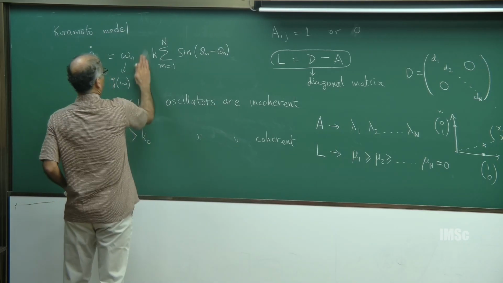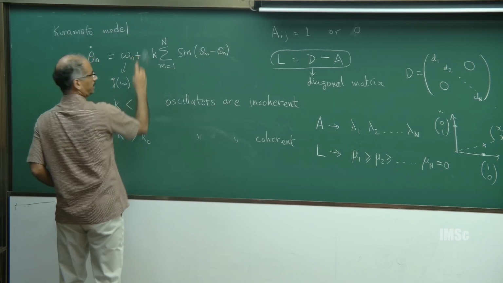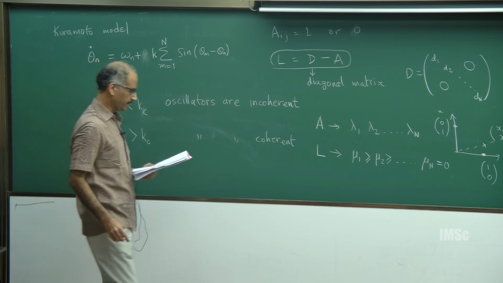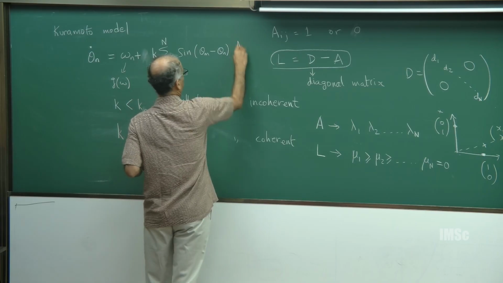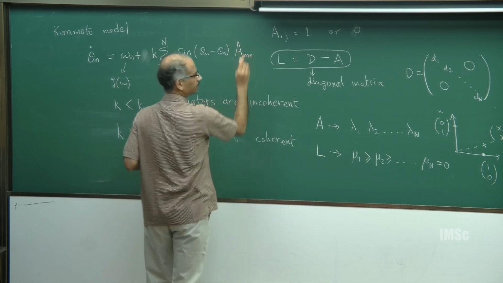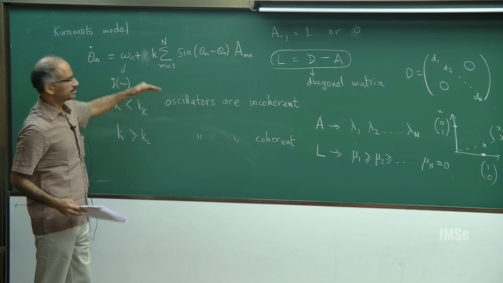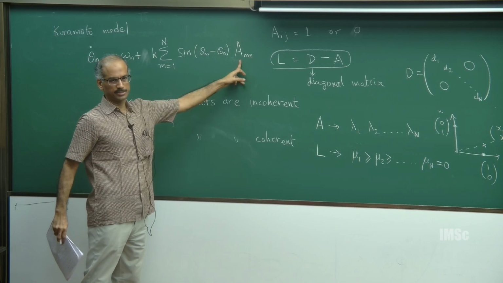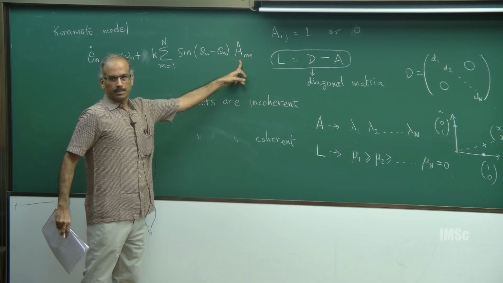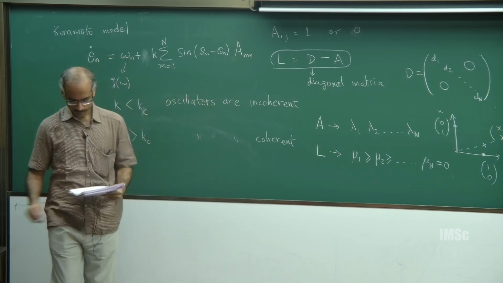Now you can add an arbitrary network effect by simply putting in an A_mn here. Maybe I should put that here. This is a modification that is done to the Kuramoto model. So, this brings in the adjacency matrix A_mn.